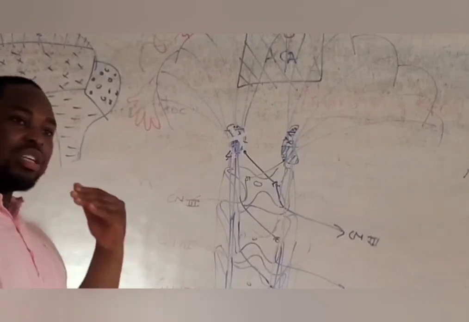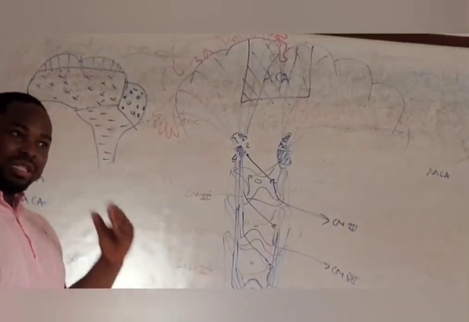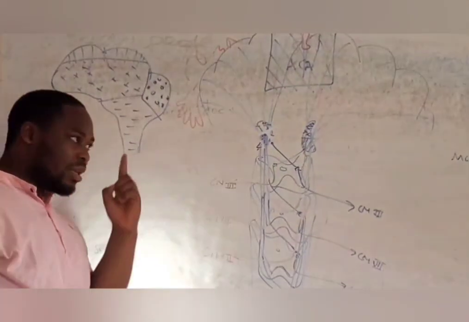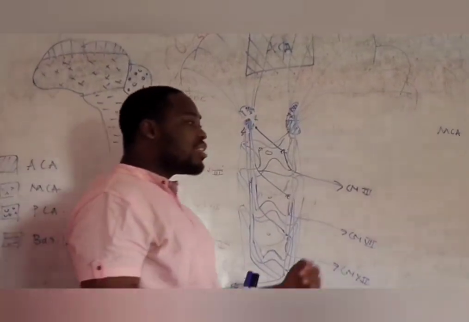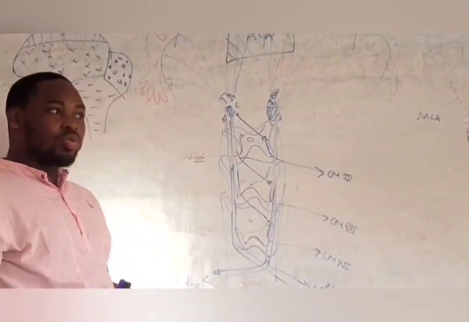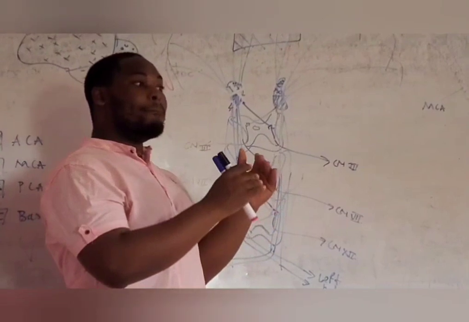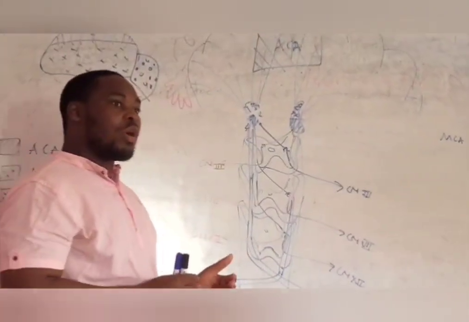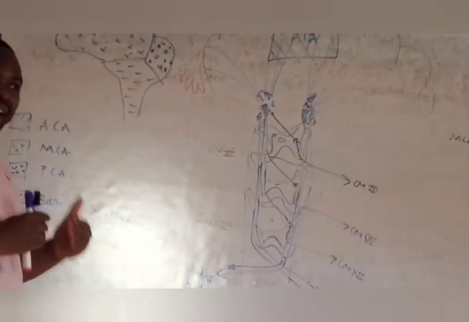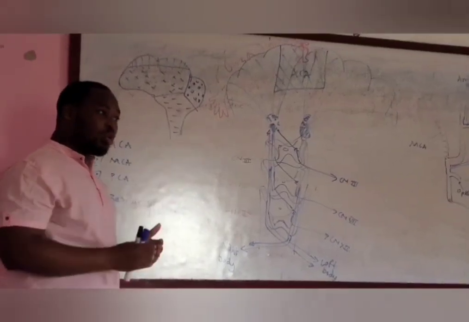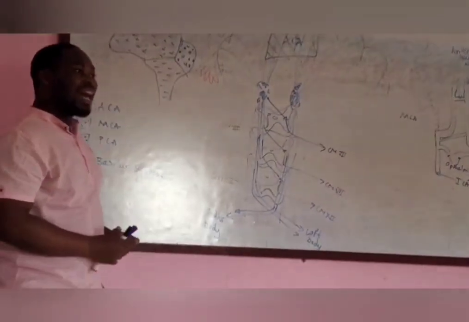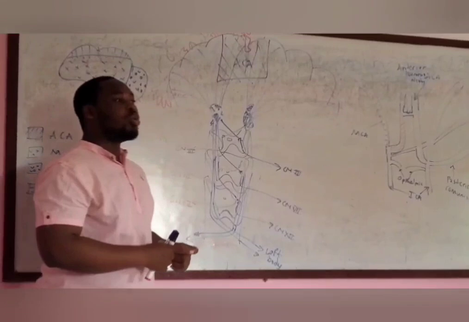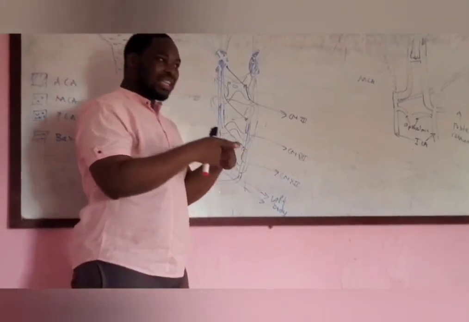The genu is supplied by the middle cerebral artery. Very well. The anterior horn of the internal capsule only controls motor. The posterior horn of the internal capsule only controls sensation, and the genu controls both motor and sensation.